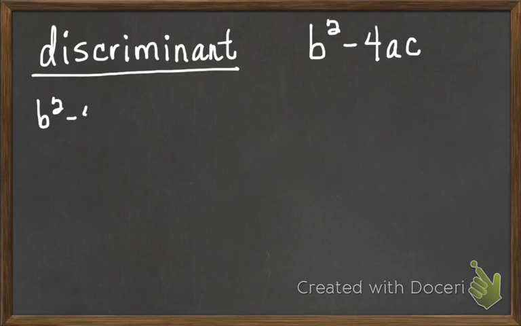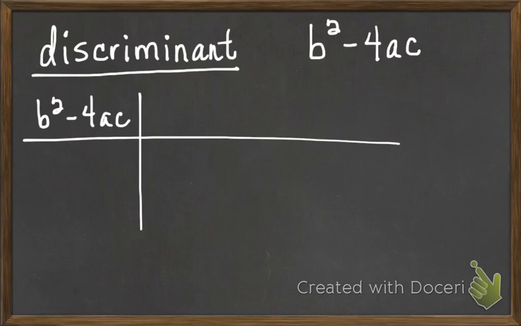So if our discriminant is something like 25, okay? So we're talking about when we do b squared minus 4ac and we get that one number underneath our square root, and we get 25. The reason I picked 25 is because it is a perfect square, okay?